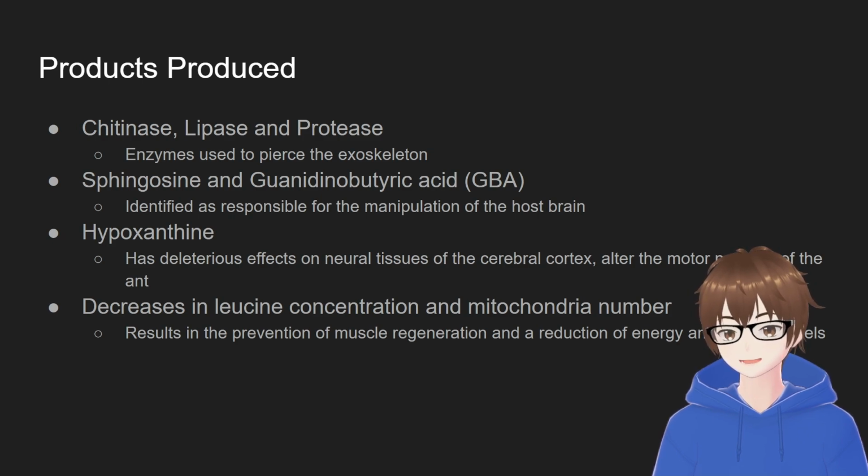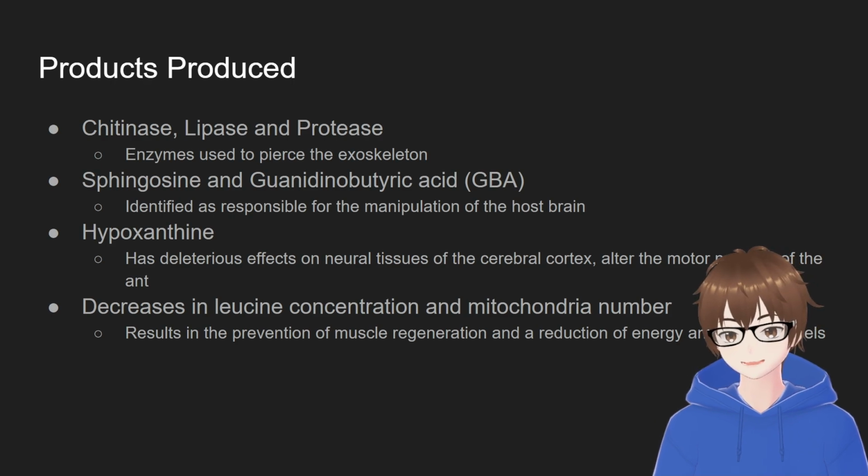Then we have sphingosine, and then I'm going to try to say this as best I can, guanidinobutyric acid, or GBA. I'm just going to use GBA. These are identified as responsible for the manipulation of the host brain. So these two are what causes kind of the zombie aspects of the ant.